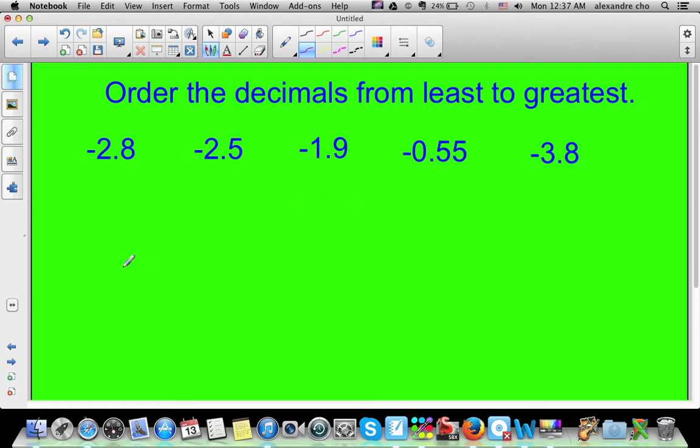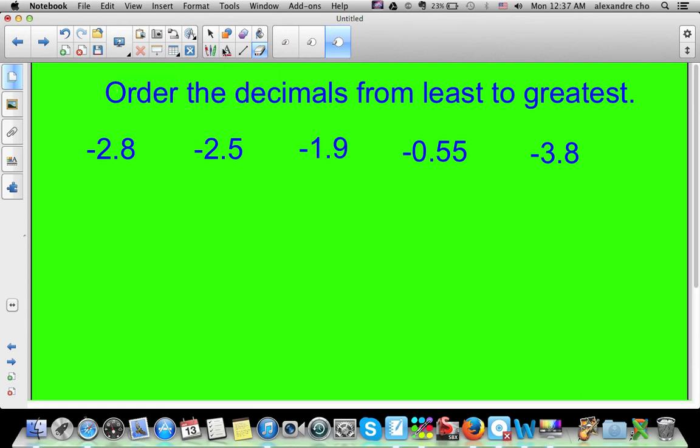You know, I'm going to use a number line. Press pause, put them in order from least to greatest, and you know what? Let me change the question. Hopefully you're still listening to me. Order these decimals from least. Instead of doing that, let me cross that.